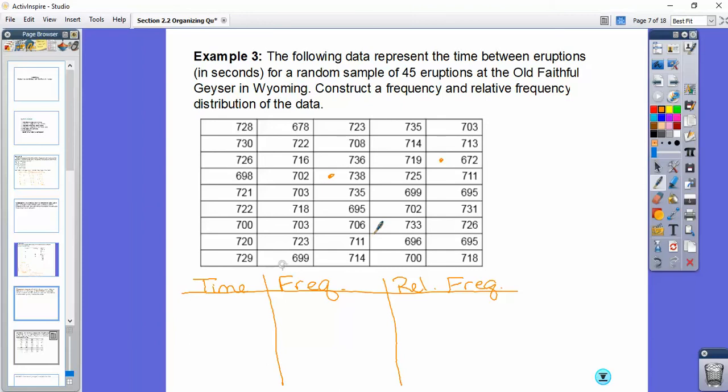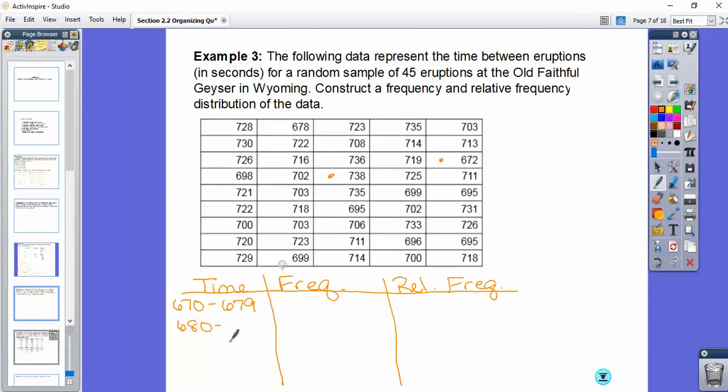If I don't specify, you can do it however you want. I'm just going to maybe go by tens. So I'm going to start at 670. And I need to end this. We don't have to worry about decimals here, so I'm going to go 670 to 679. And then I'll start my next group at 680.